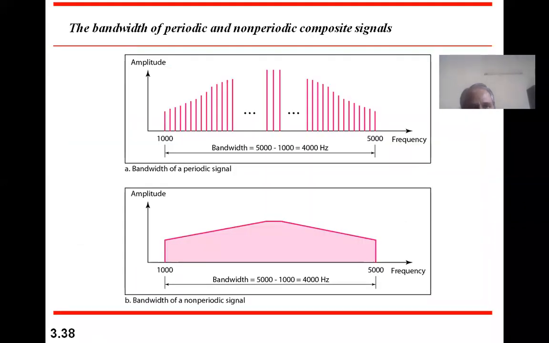Now you can see the bandwidth of periodic and non-periodic signals. Non-periodic has continuous frequency ranges, so you have all the frequency components inside it, whereas in a periodic signal you have only discrete frequencies, not continuous frequencies. That's bandwidth.